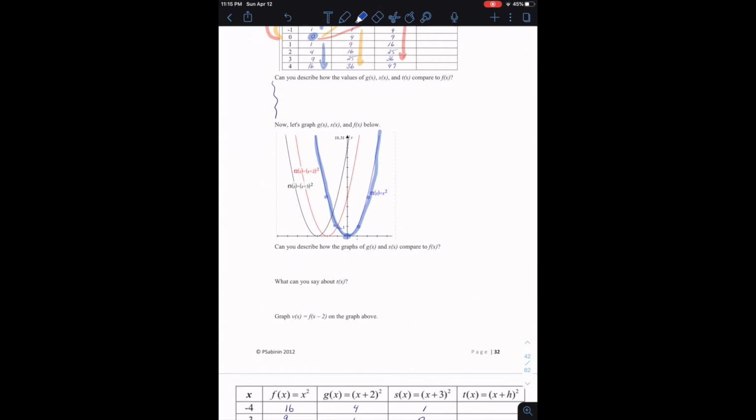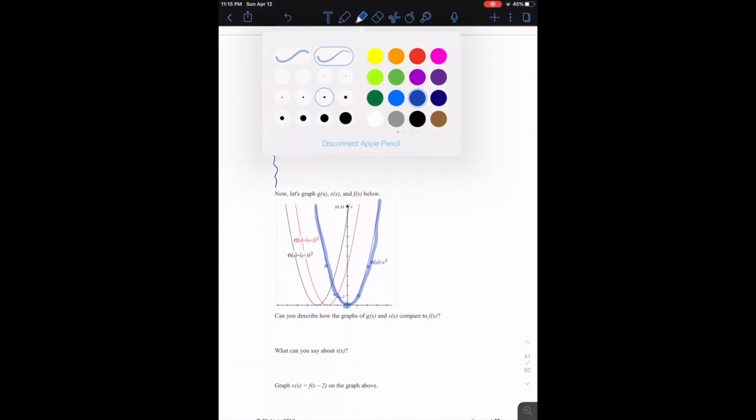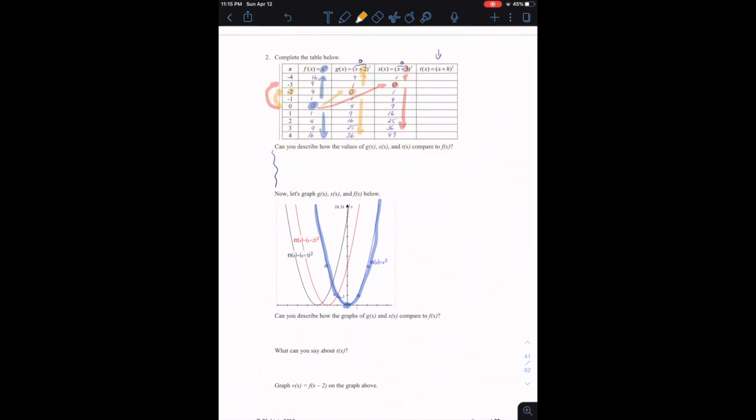Now, notice that the x plus 2 function, x plus 2 squared, has the 0, 0 at minus 2, so that must be this one. But the pattern to the left and the right of that is still the same. Look, it actually shifted the lowest point, the vertex, to the left too. And then finally the plus 3, well, that shifted it to minus 3.